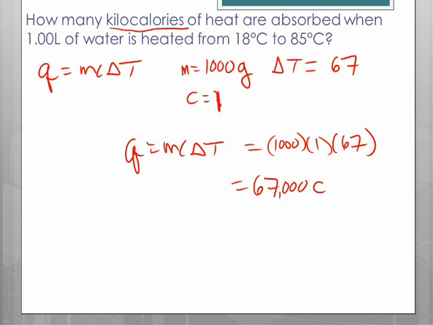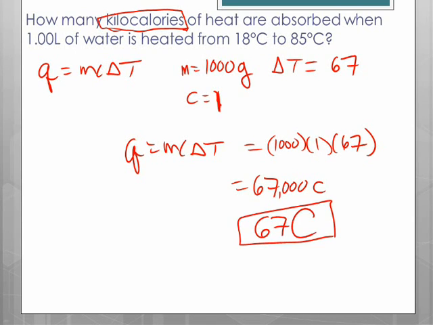It's not in the big food calories, but we want to know how many food calories that will be. So that's kilocalories. We just divide by 1,000 and we'll get 67 big calories. It will take about 67 food calories, 67 calories that you eat, to heat up a quart of water from 18 to 85 degrees Celsius. That's not even boiling, that's just to warm it up.